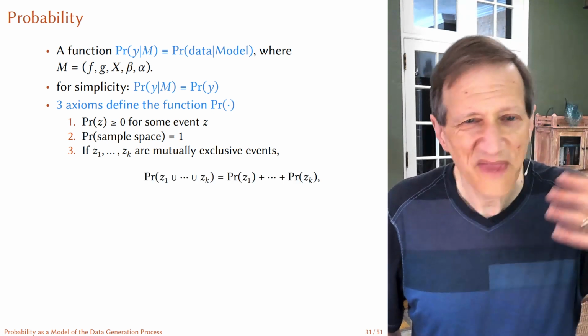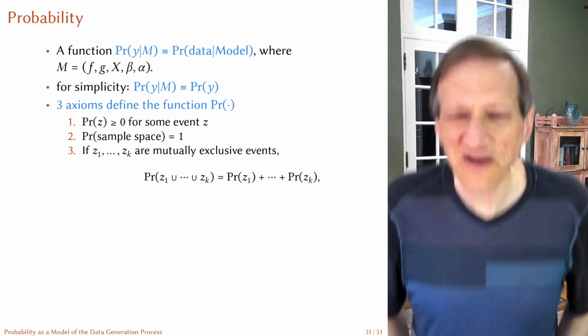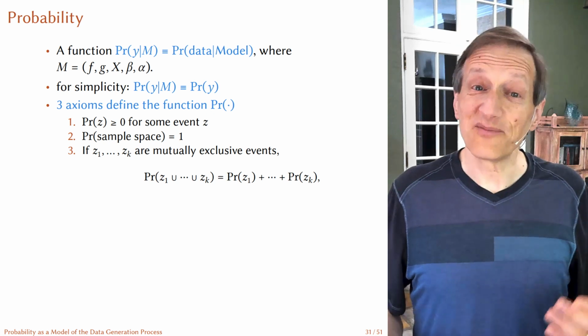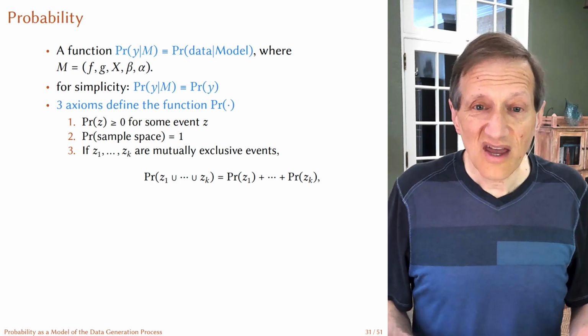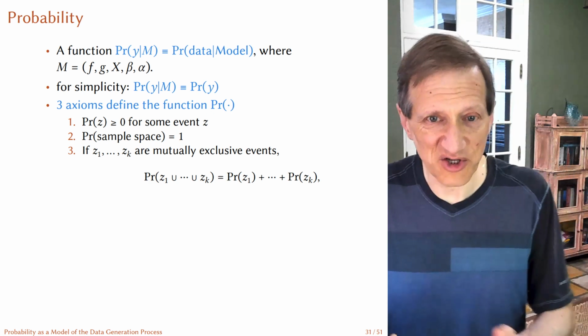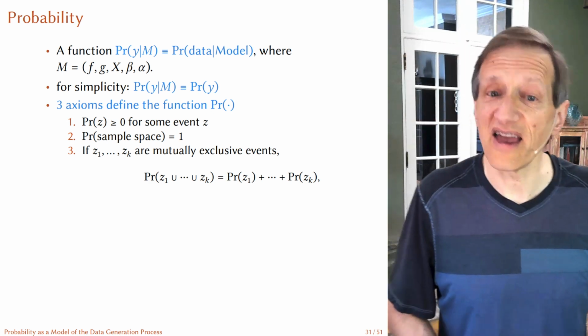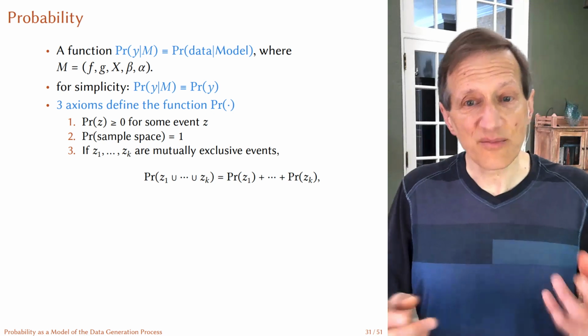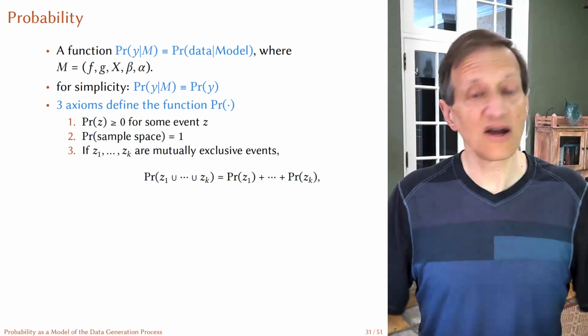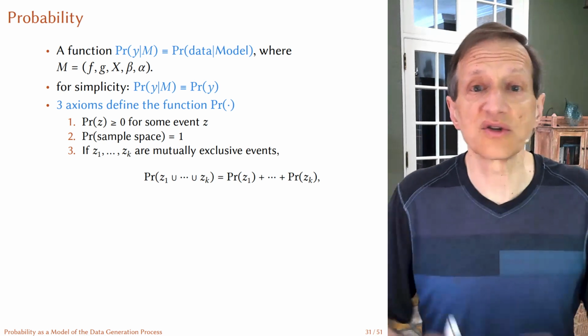The third one. If they're mutually exclusive events, then the rule is that the probability of the union of Z1, Z2, and Z3 all the way to ZK is equal to the sum of their probabilities separately. So you can just add up the probabilities if they're mutually exclusive events.